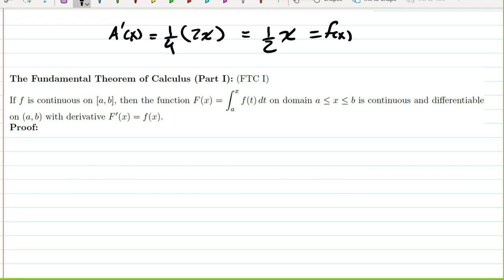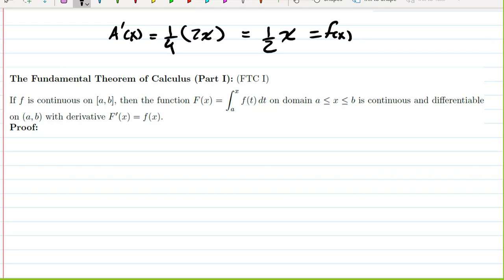So basically it says to undo an integral, you're going to use a derivative, and to undo a derivative, you're going to use an integral. So this states that derivatives and integrals are inverse operations of each other.